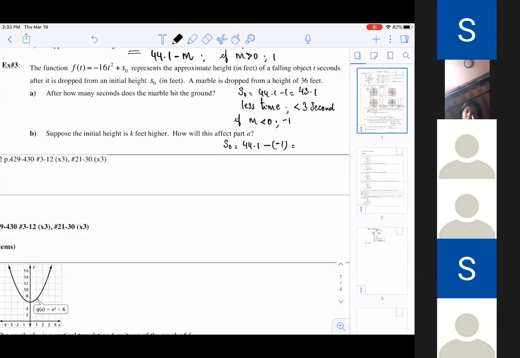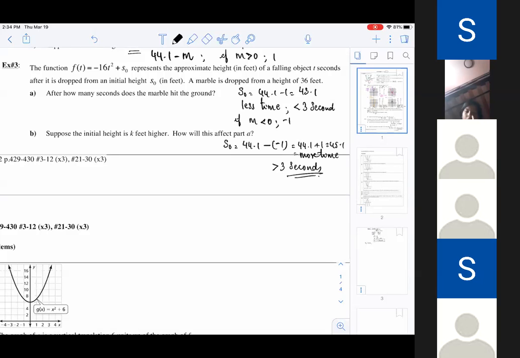So that would take more time, right? Yes, because then it's 44.1 plus 1, which is definitely more time. Now our initial height is more than 44.1, which is 45.1. So you can say this will take greater than 3 seconds.